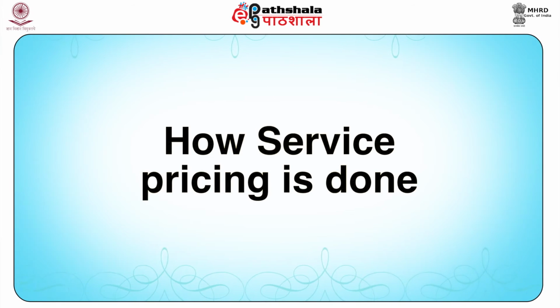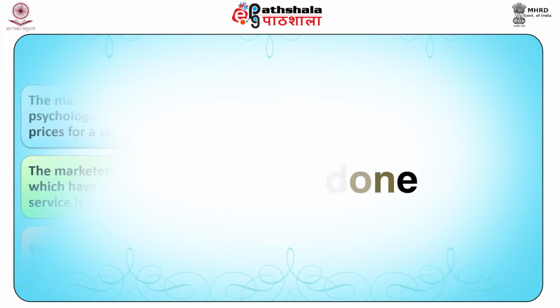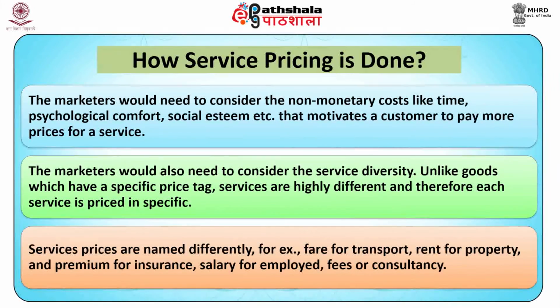The question is how service pricing is done. The answer to this question lies in the following context. For example, the marketers would need to consider the non-monetary costs like time, psychological comfort, social esteem, etc. that motivate a customer to pay more for a service. The marketers would also need to consider the service diversity.